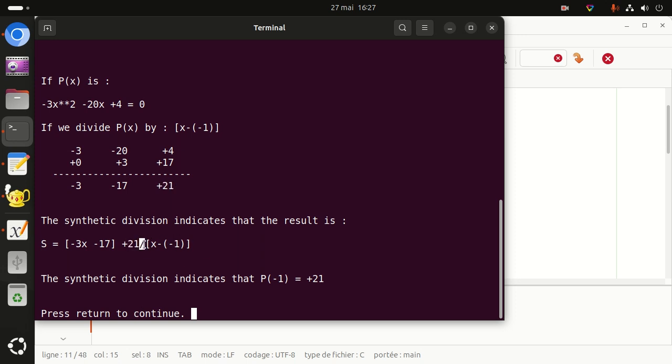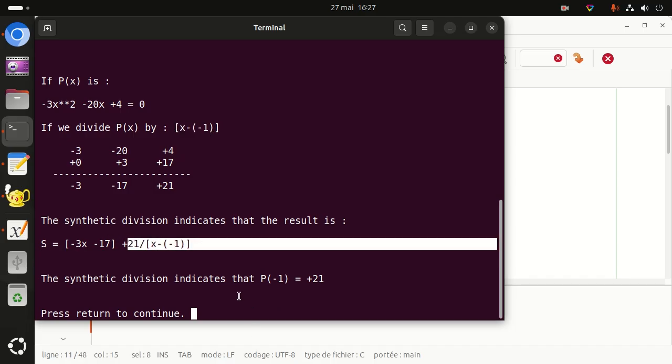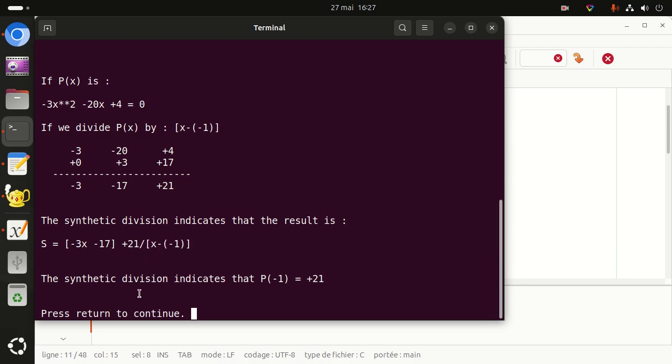Also, you must divide the remainder by x minus 1. The synthetic division indicates that p of minus 1 equals 21. If you want to compute p of minus 1, you can use the synthetic division.